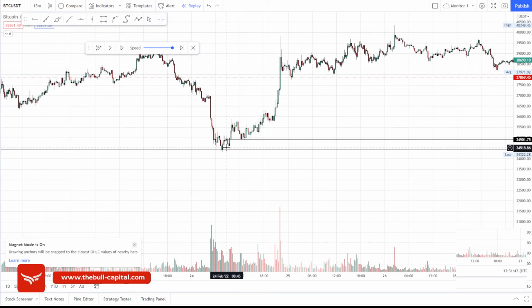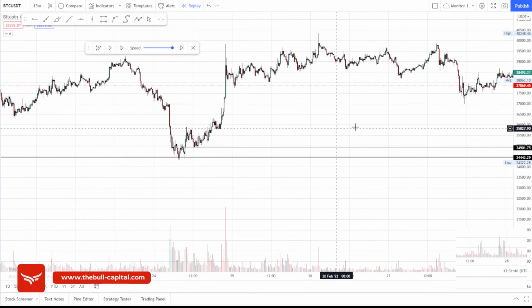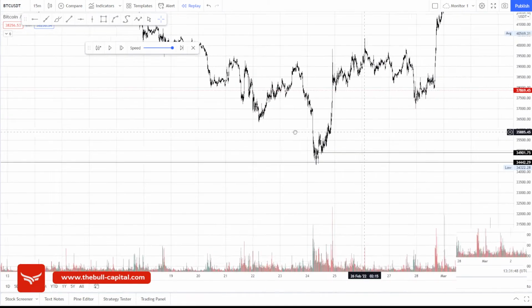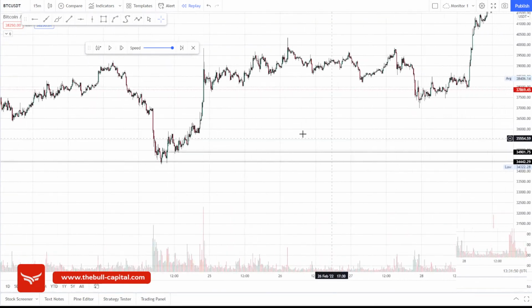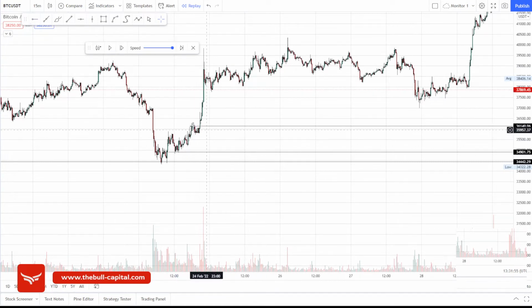I think it's a 5 minutes level. And also we have, let's see, this one has not been tested, and we have another one here, this break level.